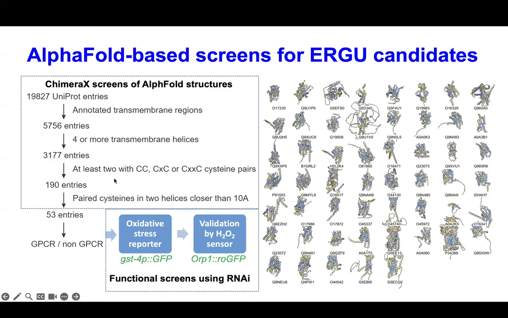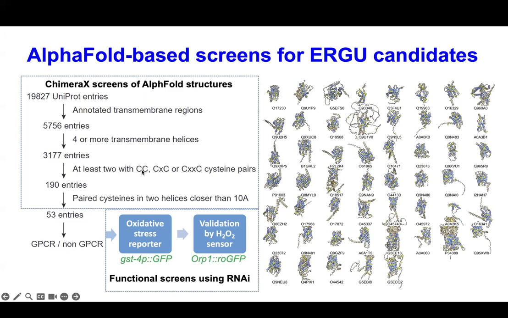And if you apply another criteria with at least two cysteine pairs with CXC or CXXC in the pool, you substantially reduce the number to 190 protein candidates.